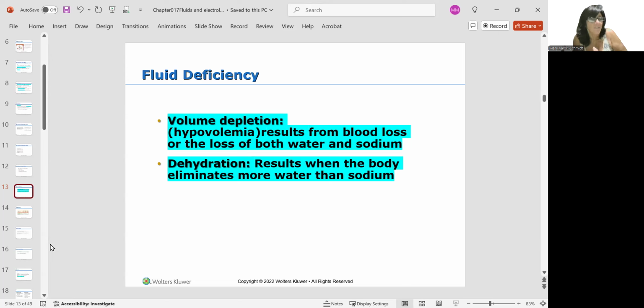You're losing everything. Dehydration is when you're getting rid of more water than sodium, like you're outside running around in the heat or working in the heat and you're sweating. You're getting rid of the water by sweating, but you're getting rid of more water than sodium. So they're two very different things. Know the difference between those two things.